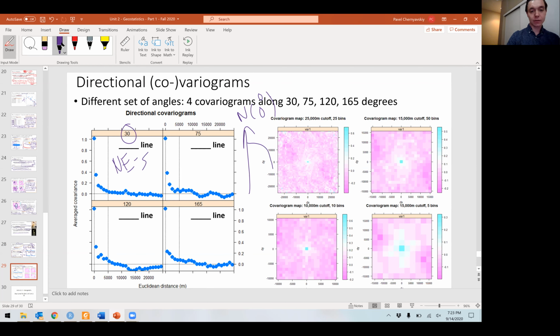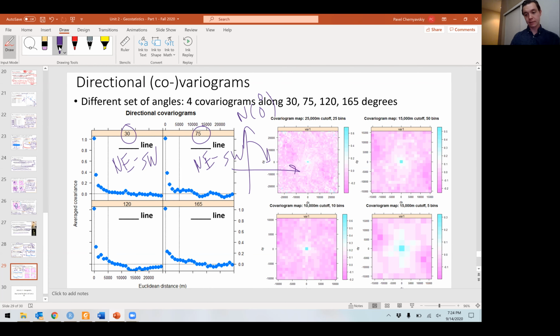Here's 90, so we don't quite get to 90. It is still roughly the northeast-southwest line, but it's further rotated. It's closer to 90 degrees. You know, maybe it's something like this. 120 degrees, you rotate past 90. And 165, you rotate further than that, right? North is 0, and you rotate clockwise.